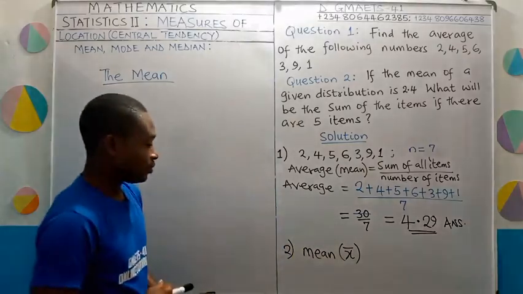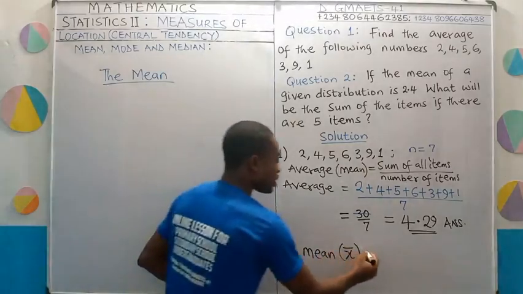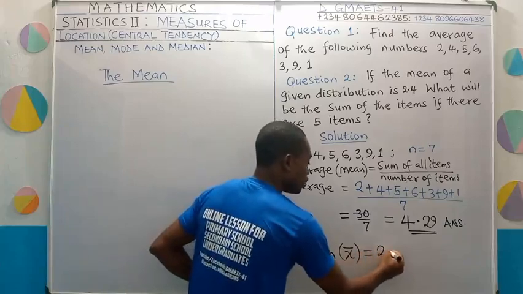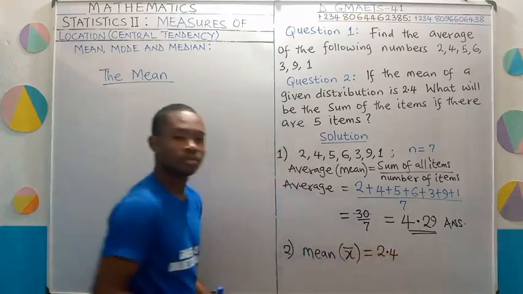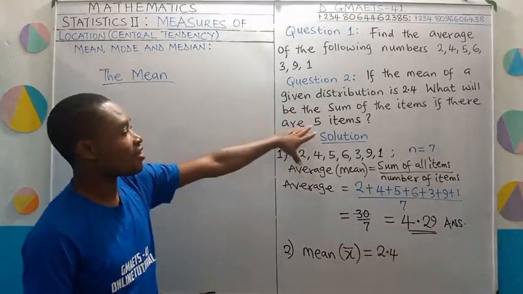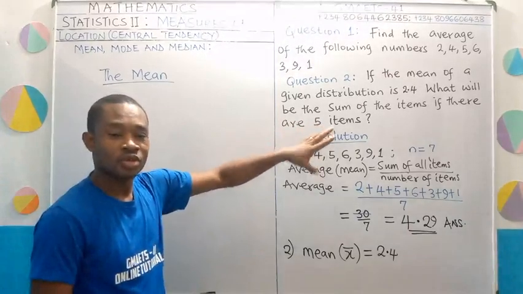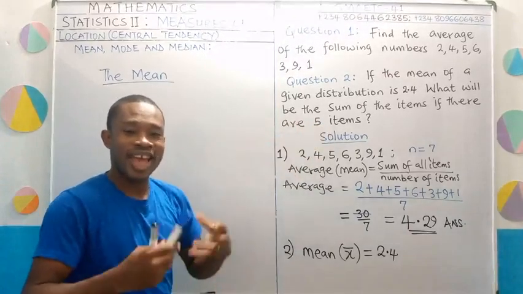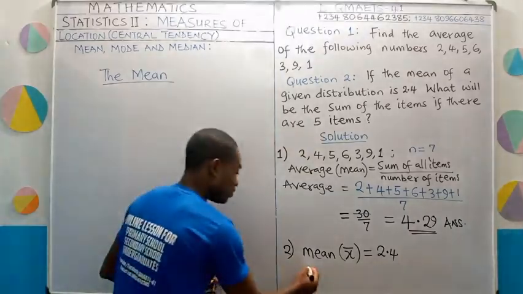Alright, let us go. From the question, we know that the mean of that distribution is 2.4. Then we were also told that there are 5 items. So the number of items, n, is equal to 5.